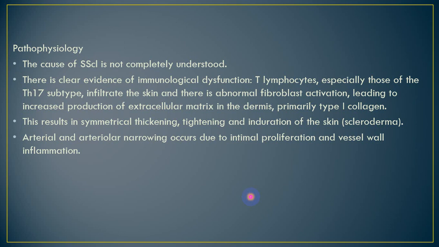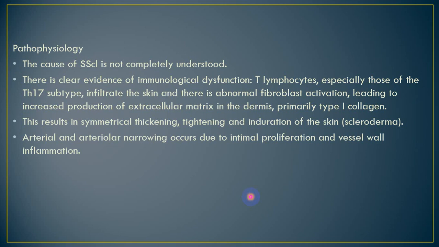Mainly a subtype of T helper cell, Th17, infiltrates the skin, and with production of cytokines, there is abnormal fibroblast activation, leading to increased production of extracellular matrix in the dermis, primarily type 1 collagen, which leads to the fibrosis of the skin and the hardening and induration we talk about later.